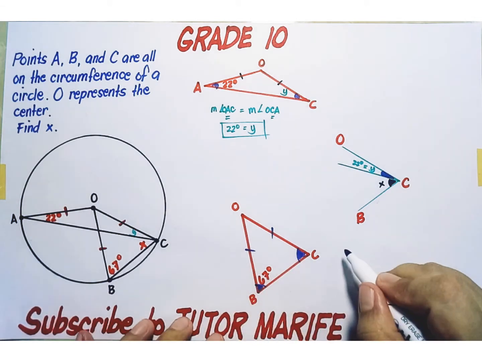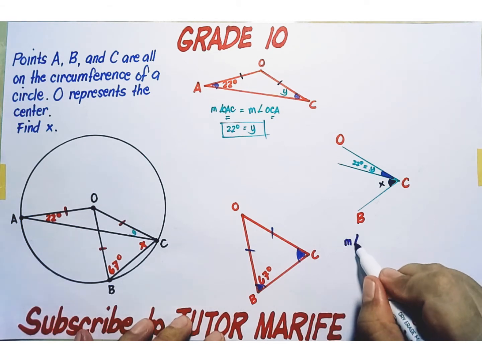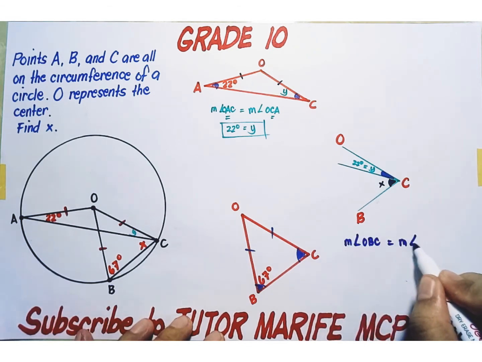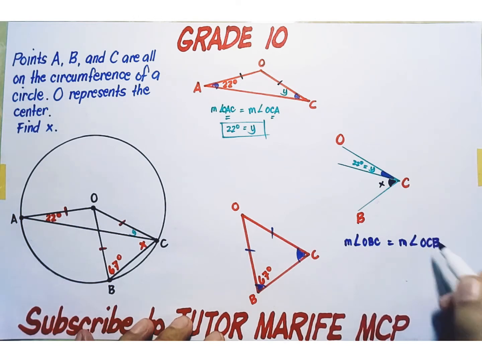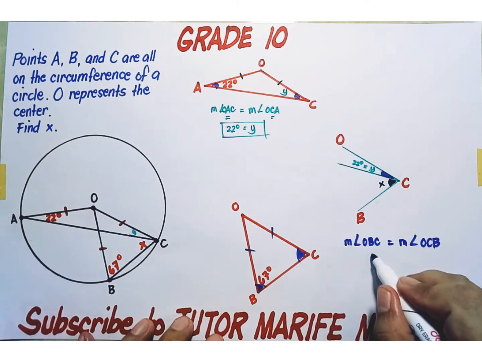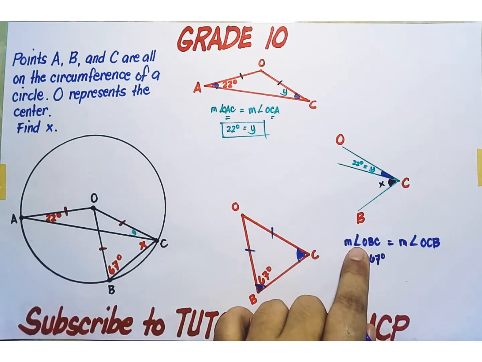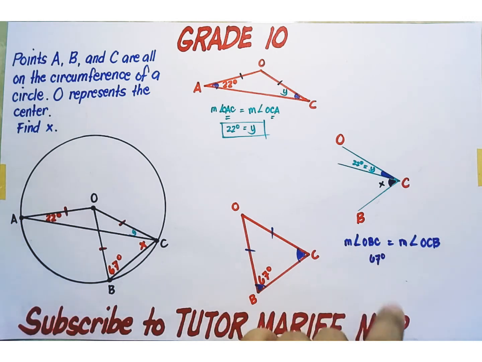Let's write our equation. Measure of angle OBC is equal to measure of angle OCB. Measure of angle OBC is given. It's equal to 67 degrees. We can replace the left side of our equation with the given value, 67 degrees.